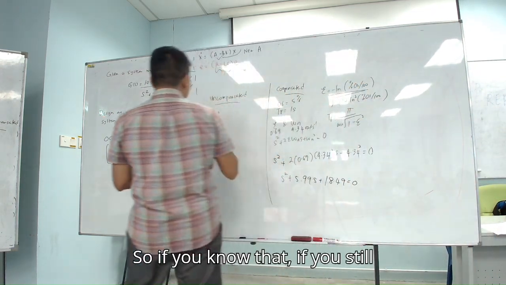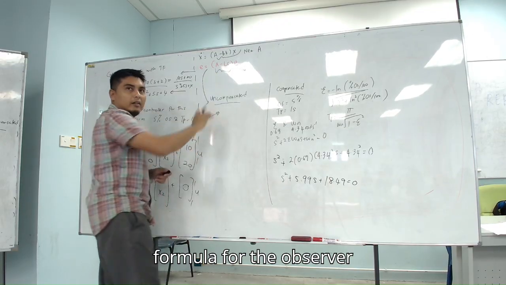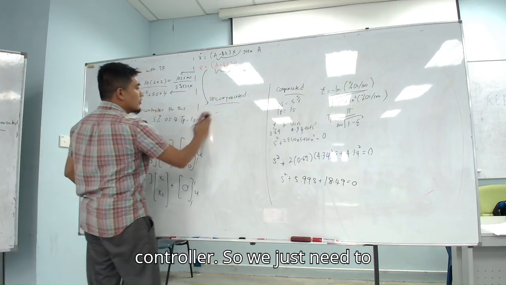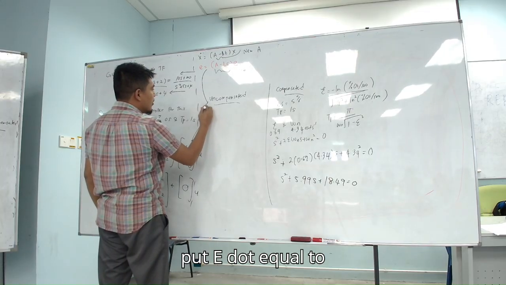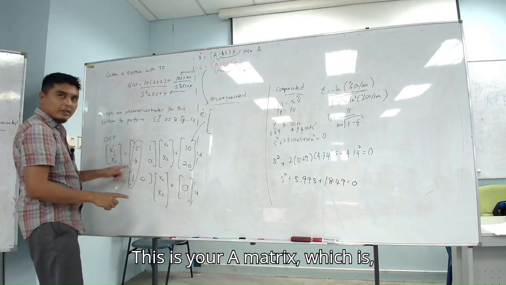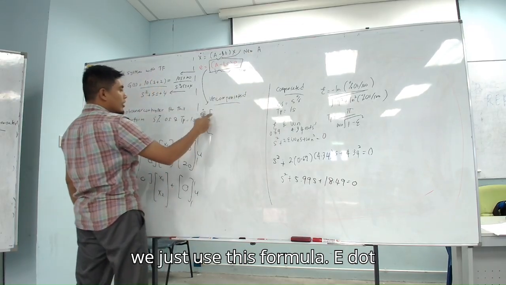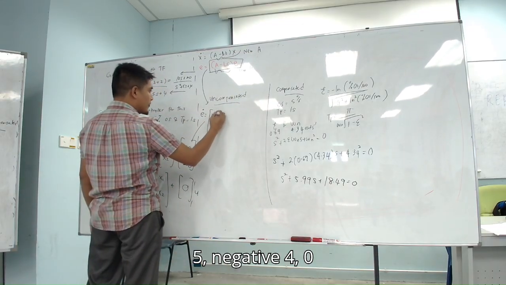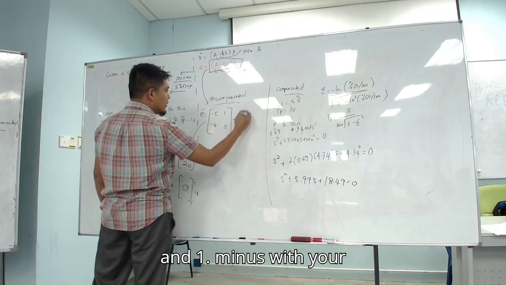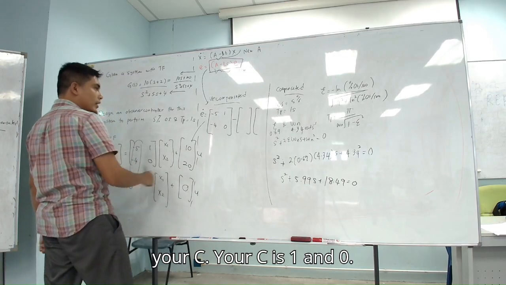Okay. If you still remember, this is our formula for the observer controller. We just need to put E dot equal to your A matrix, which is -5, -4, 0 and 1, minus your L multiplied with your C. Your C is 1 and 0.